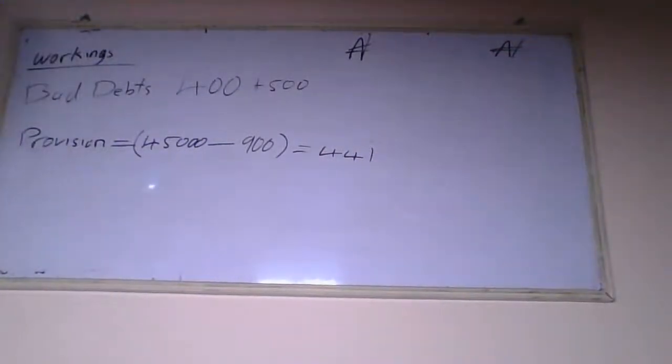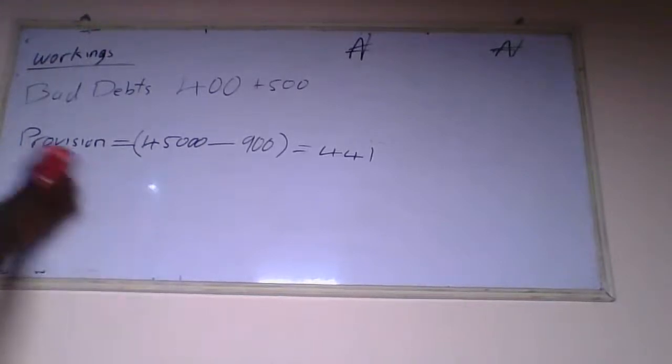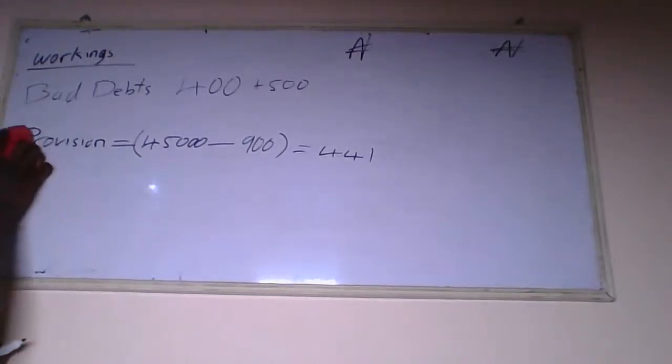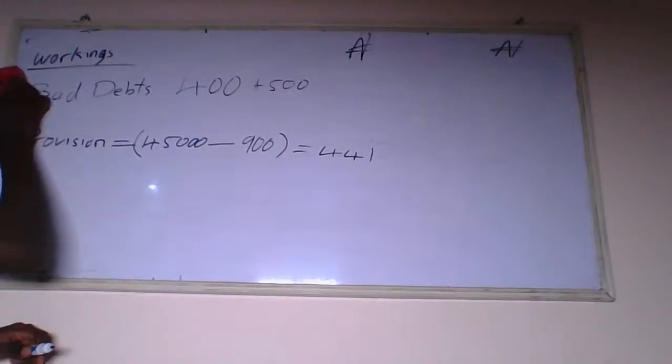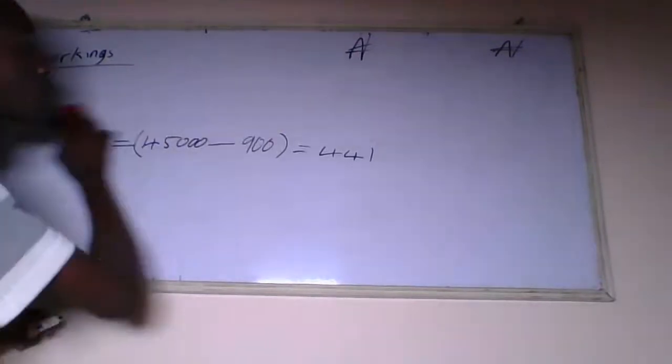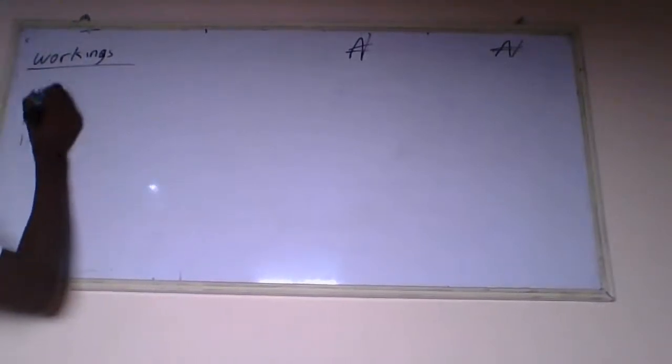Moving on to the next information, we have commission due but yet to be received amounted to 800. So this falls under additional income. Commission you're receiving is an income. So you take the commission given to you in the question.